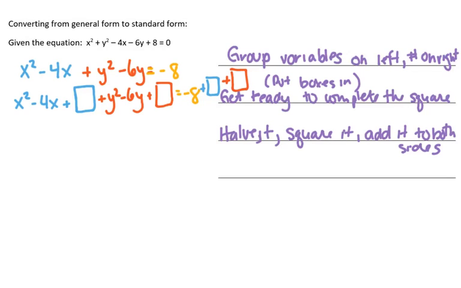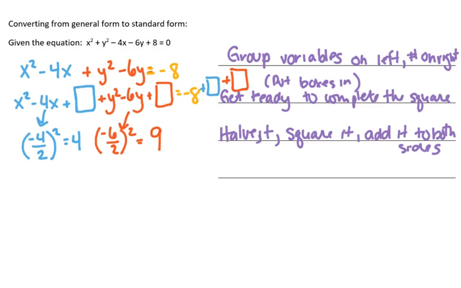So I take my 4, in this case negative 4, I take half of it and I square it and I get a positive 4. With my b value on my y's, I take the negative 6, I take half of it. So negative 6 divided by 2 is negative 3. Square that negative 3 to get a positive 9.